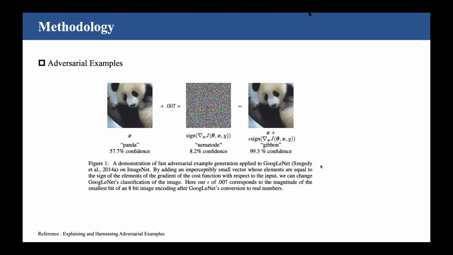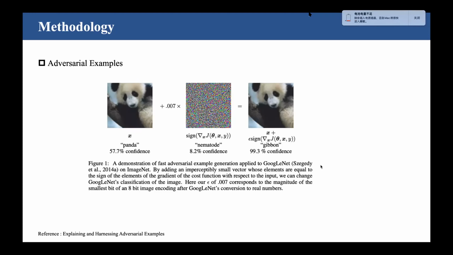Adversarial training is an important way to enhance the robustness of models by adversarial samples. An adversarial sample is an instance with small, intentional feature perturbation that induces the model to make a misclassification. As shown in figure 1, the original model classifies the picture as a panda with a confidence of 57.7%.